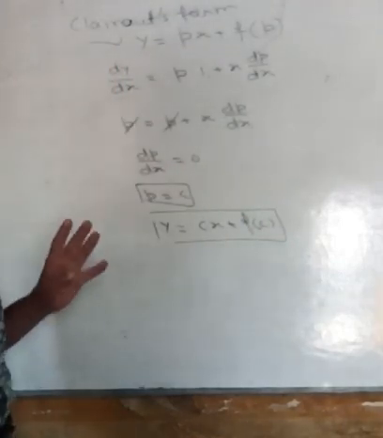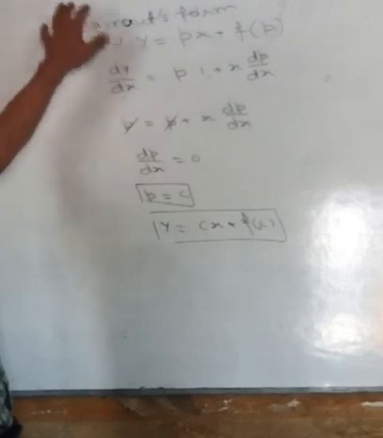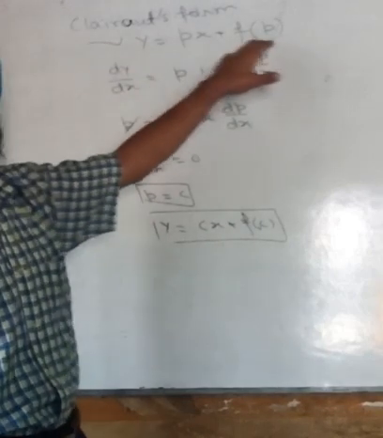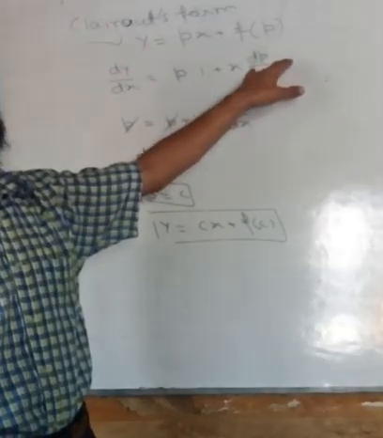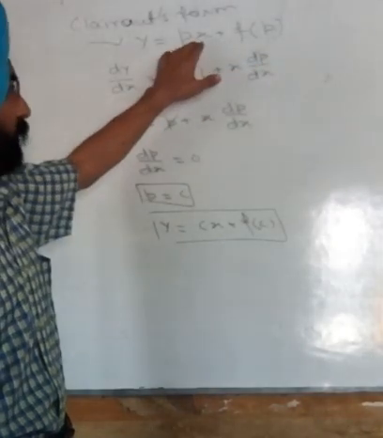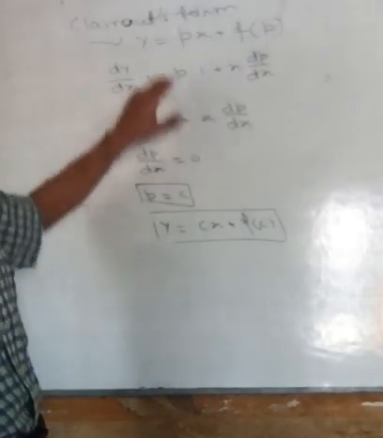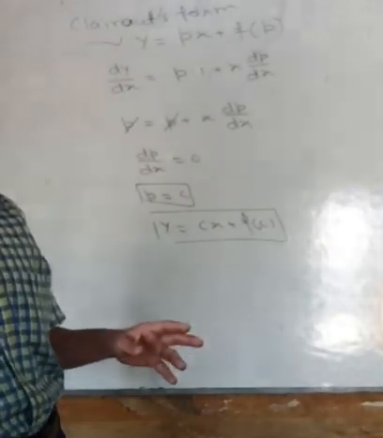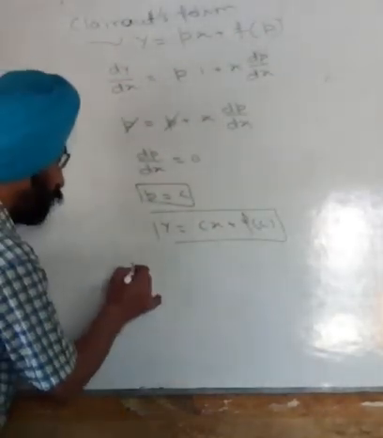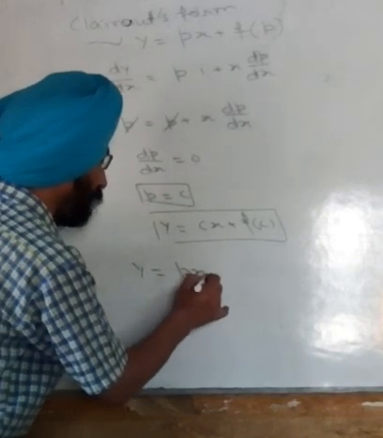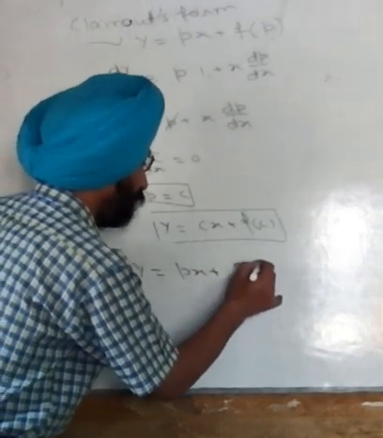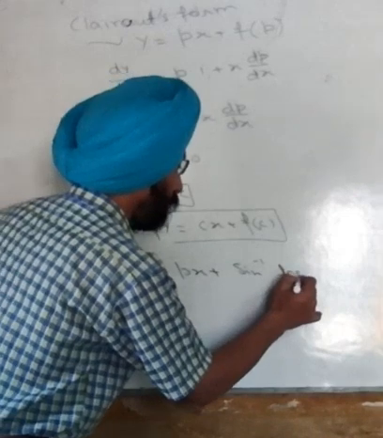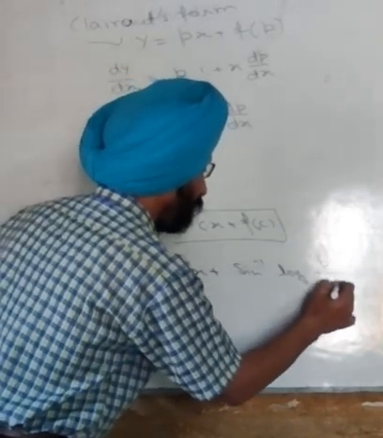So now it is clear that if a differential equation is in Clairaut's form, y is equal to px plus f of p, we need not solve. We just substitute p is equal to c and we will get the solution y is equal to cx plus f of c. Just as an example, suppose you have y is equal to px plus sine inverse log of p upon 1 plus p.